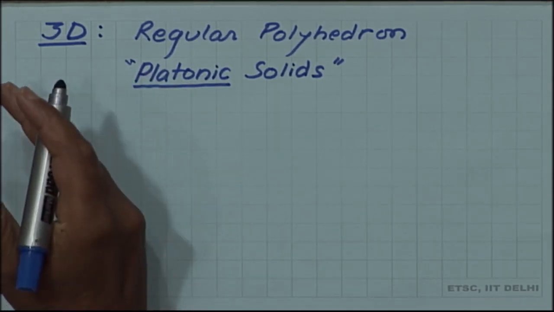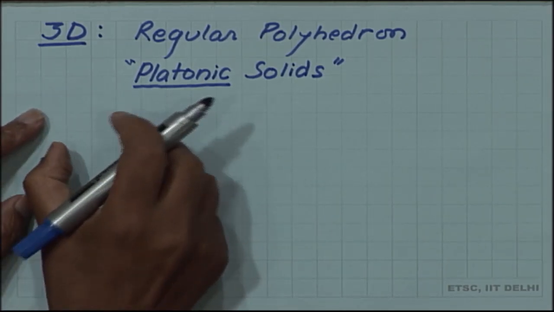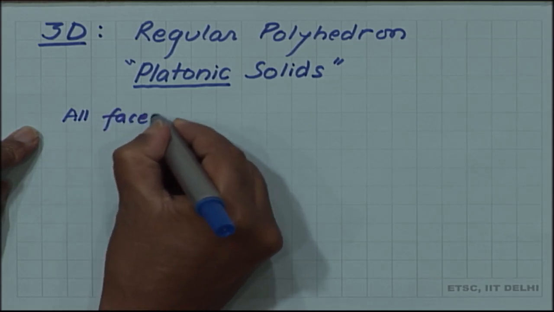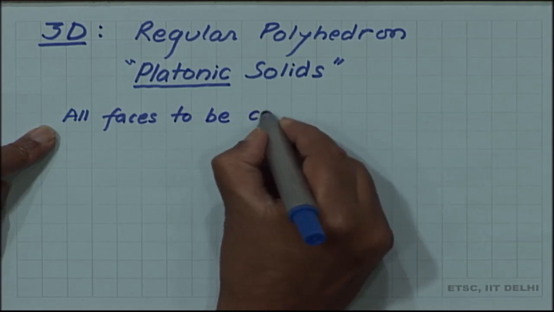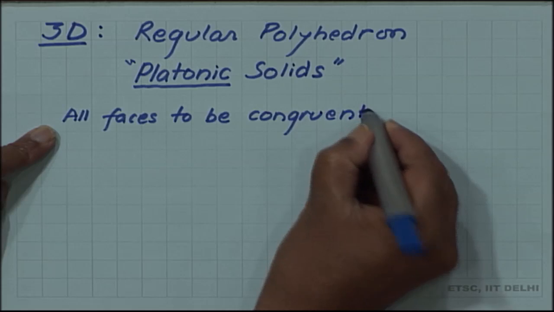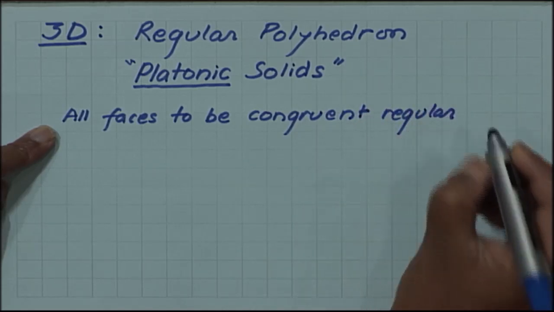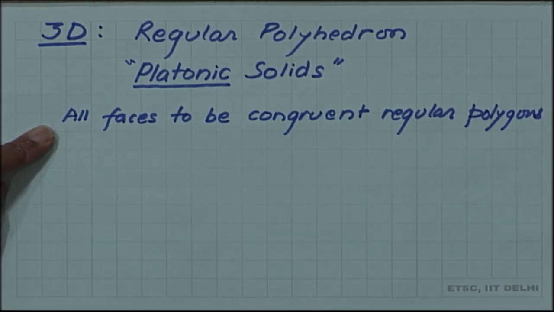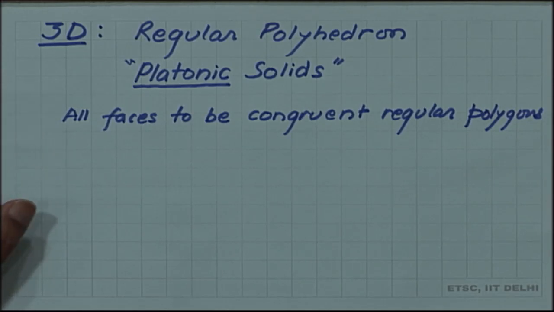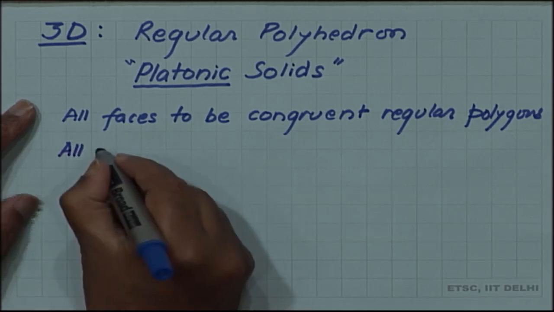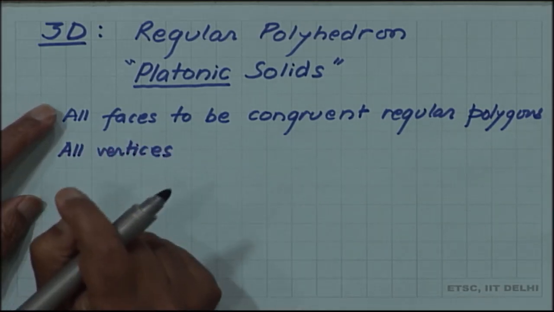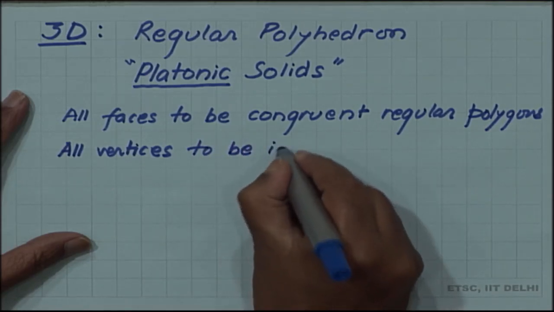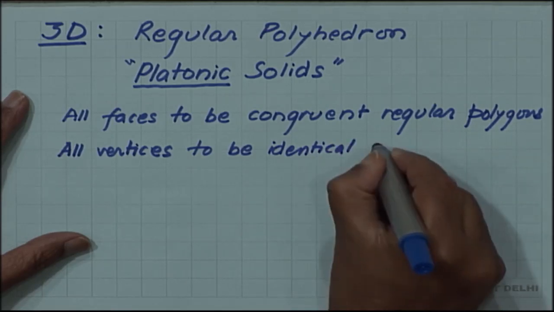To generalize the concept of equiangular and equilateral, where all edges were the same and all angles were the same, we now want all faces to be congruent regular polygons, and all vertices to be identical or congruent.